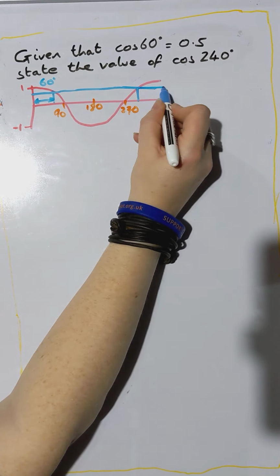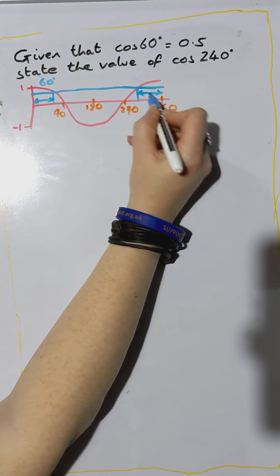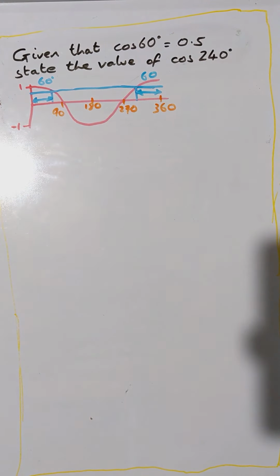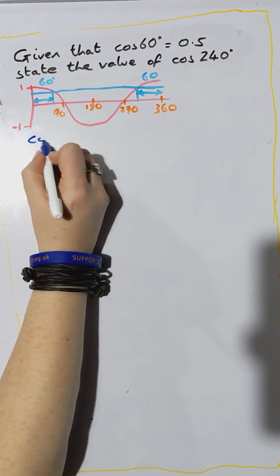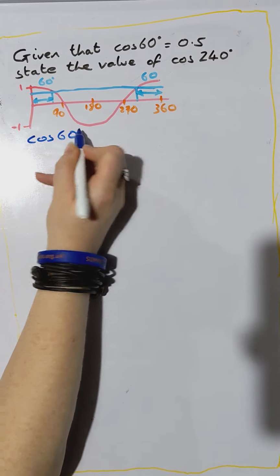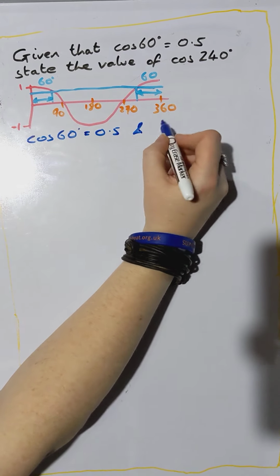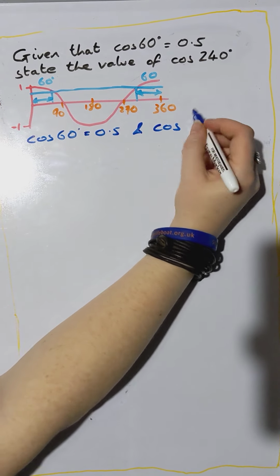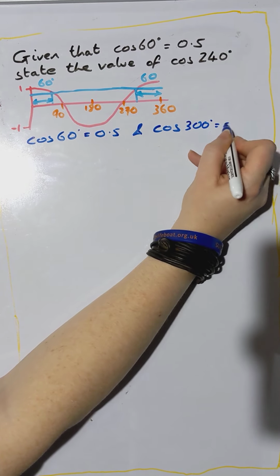Which means we also know from the back to that line is also 60 degrees. So this tells us that cos of 60 degrees is 0.5 and cos of 360 take away 60, so cos of 300 degrees is 0.5.